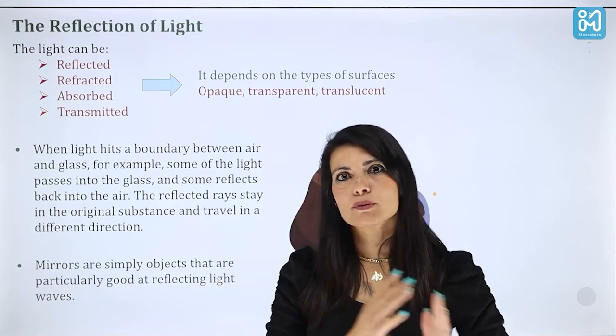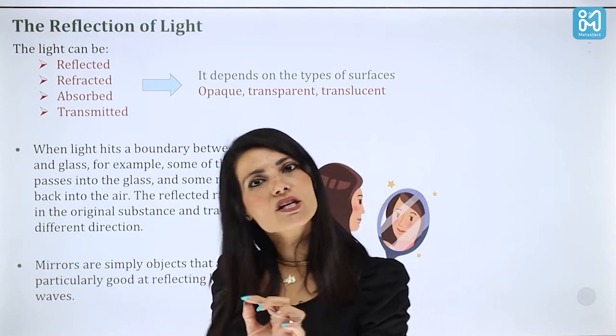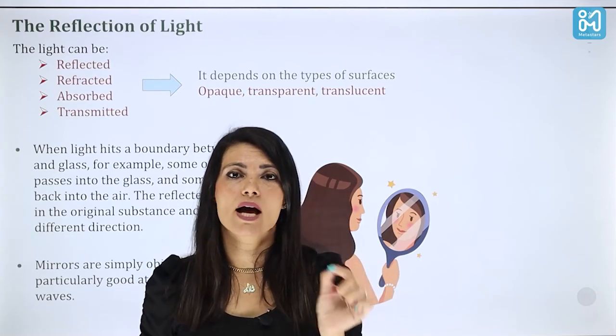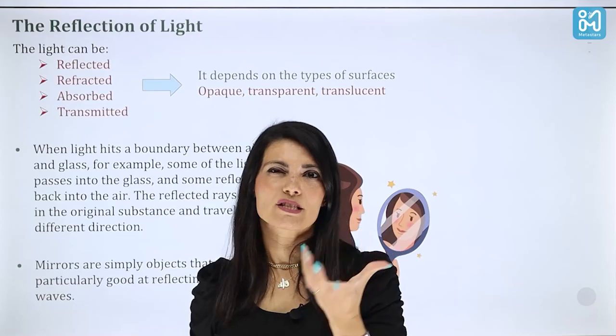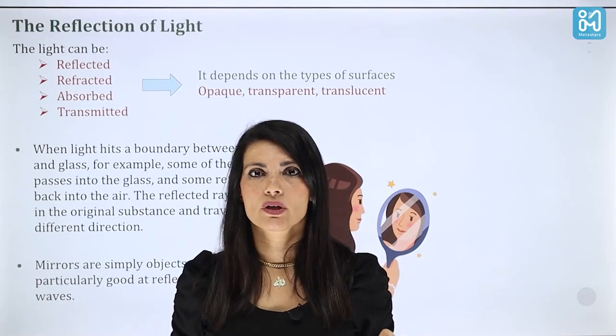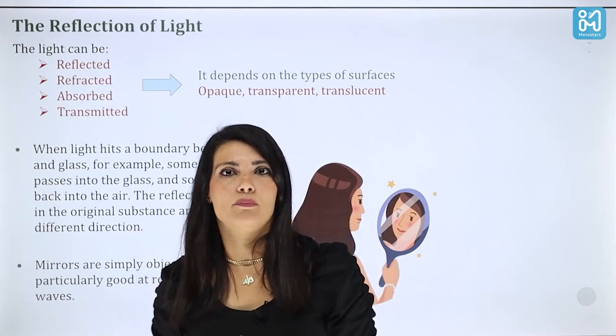What is the difference between these three types and what's the meaning of each one of them? Opaque surfaces are surfaces that do not allow light, or at least visible light, to pass through.